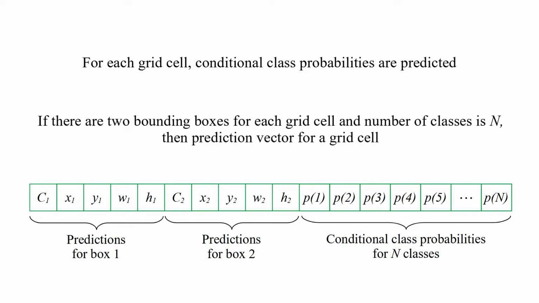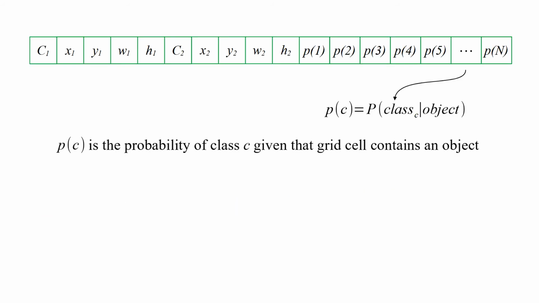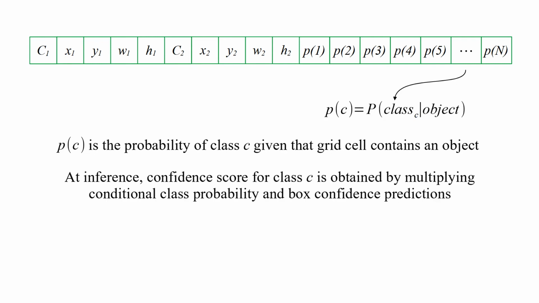In YOLO version 1, each grid cell can detect only one object. P of C is the probability of class C given that grid cell contains an object. At inference, confidence score for class C is obtained by multiplying conditional class probability and box confidence predictions.